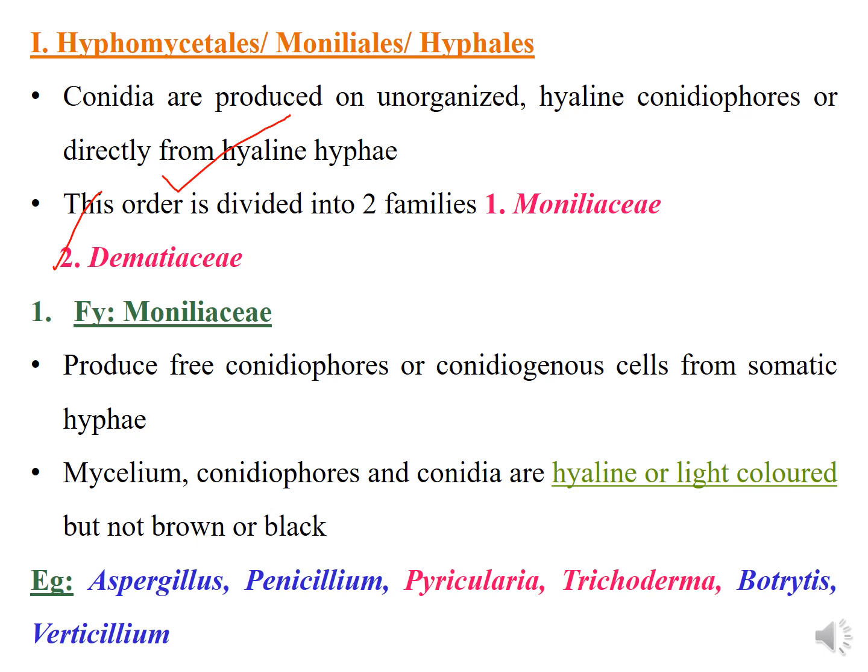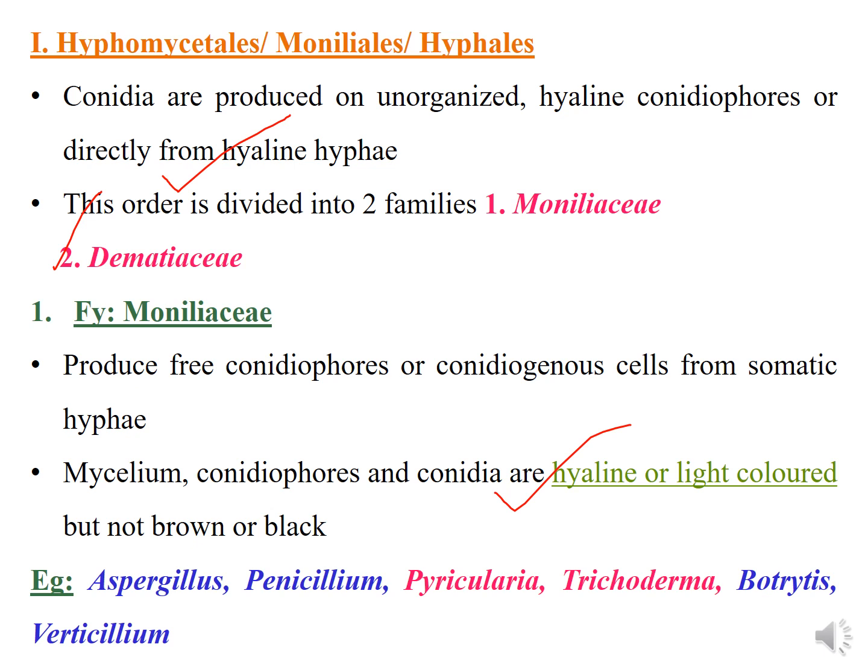Under family Moniliaceae they produce free conidiophores or conidiogenous cells from the somatic hyphae, and the mycelium, conidiophores and conidia are hyaline or light colored but not brown or black. So the main feature in Moniliaceae is that conidiophores are produced from the somatic hyphae, they are free in nature, light in color, and not fused.